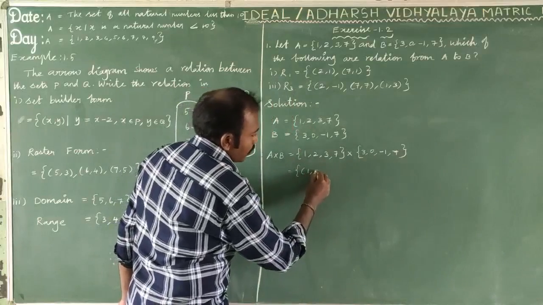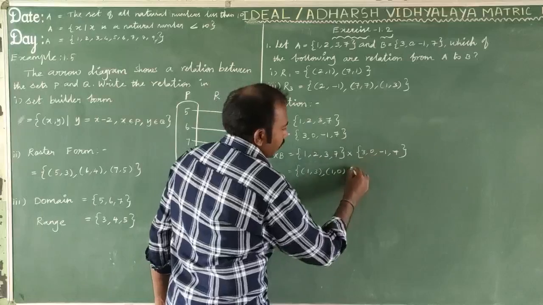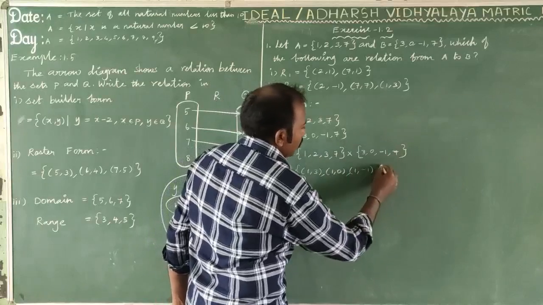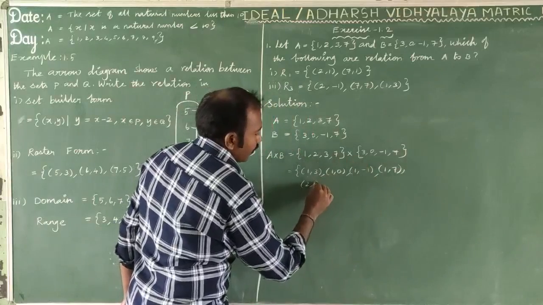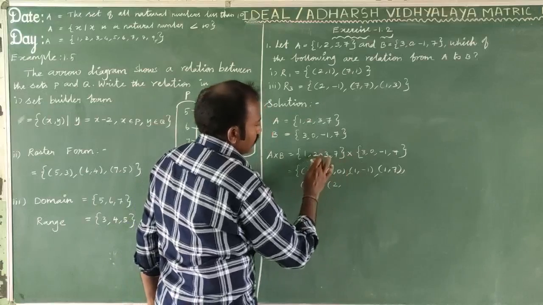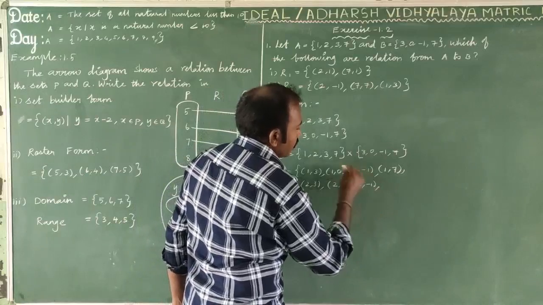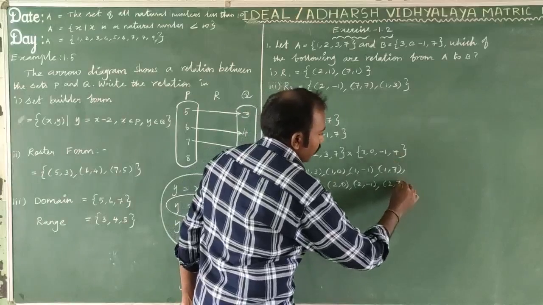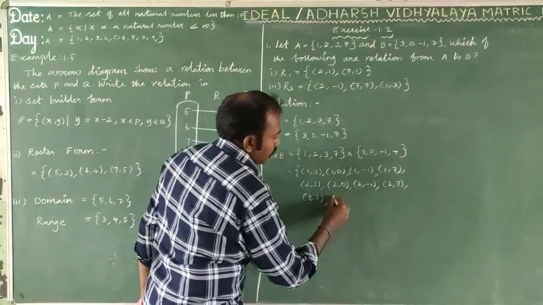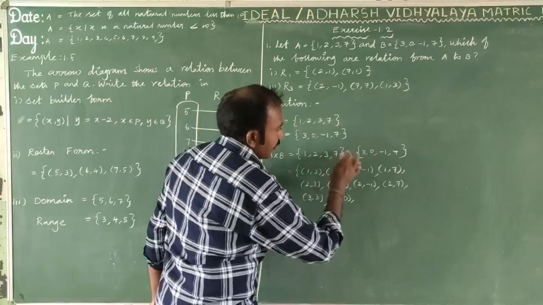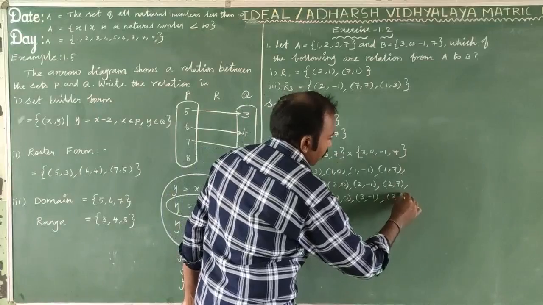Then (1, 3), (1, 0), (1, minus 1), (1, 7), and also (2, 3), (2, 0), (2, minus 1), (2, 7), and also (3, 3), (3, 0), (3, minus 1), (3, 7).